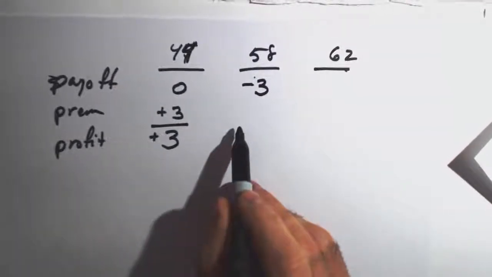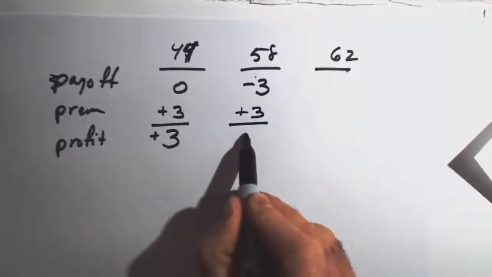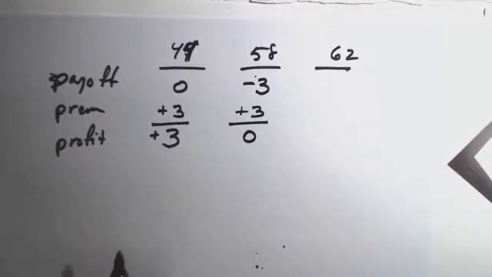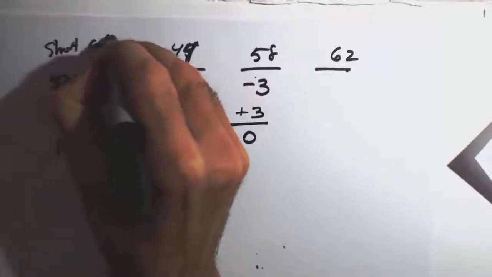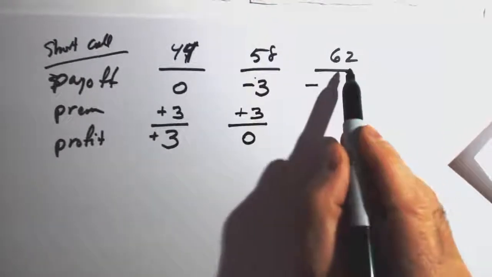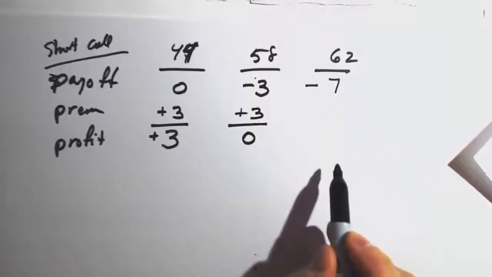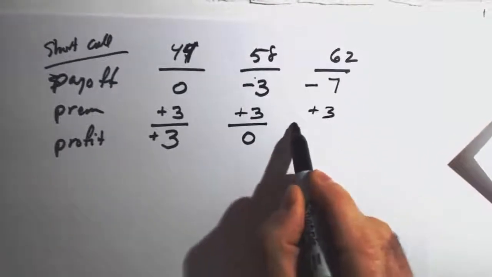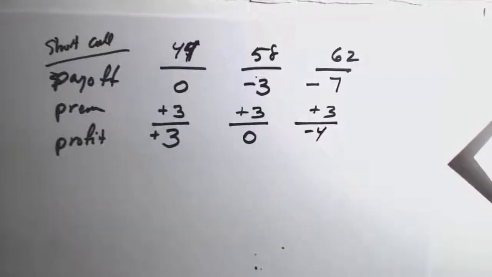That should make sense: you collect a premium of $3, so you break even at 58 on a short call. Now at 62, we're going to lose 62 minus 55 with a negative sign. We're going to lose $7. We have this $3 premium, so no matter what happens, we collect the $3. We lose $4.